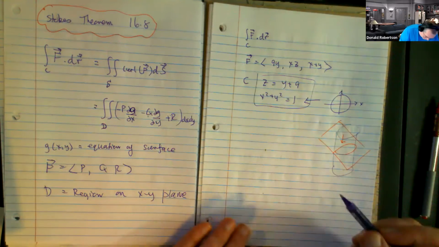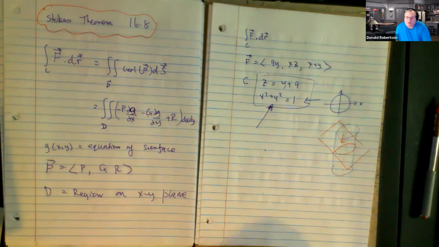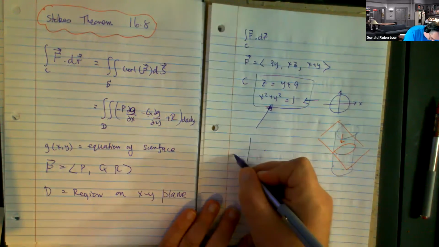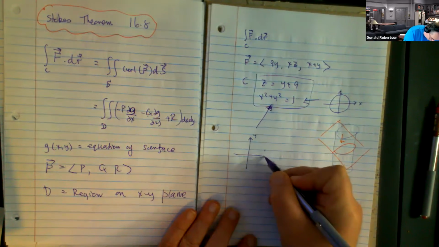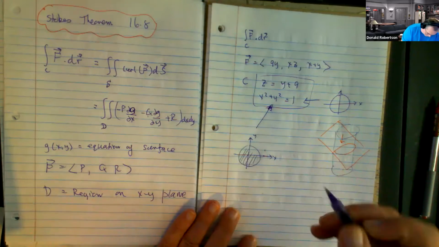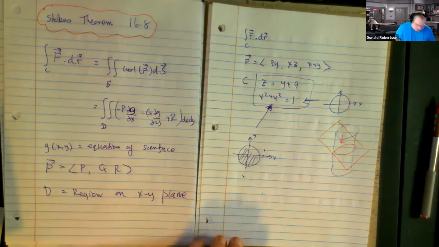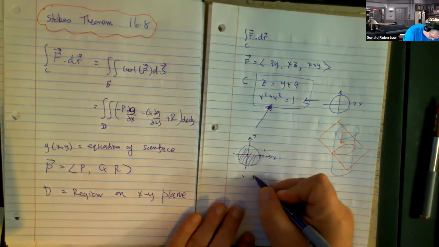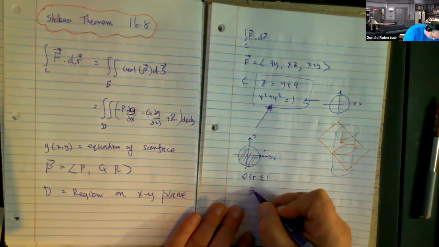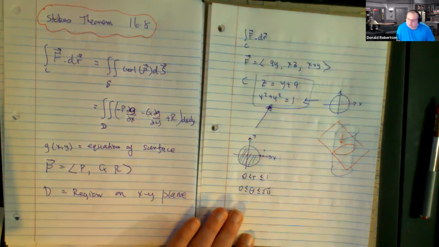Now, that does give me a little extra work to do. Since the region D is a unit circle, doesn't that lend itself to polar? And since it's a unit circle, I got that.